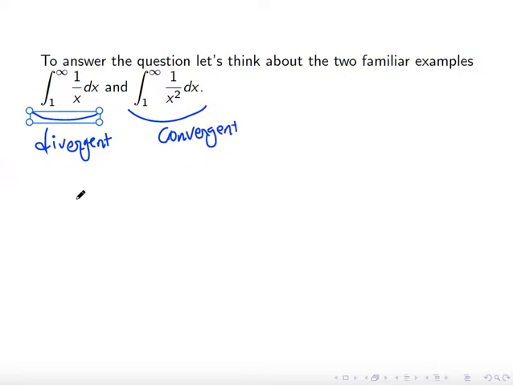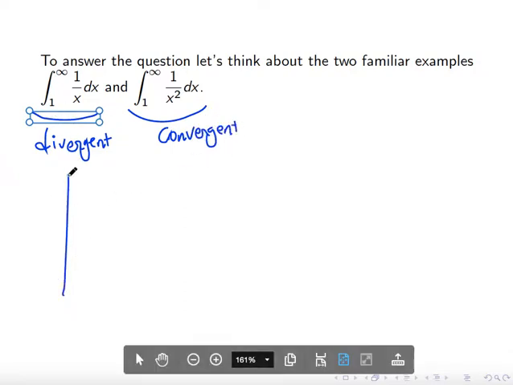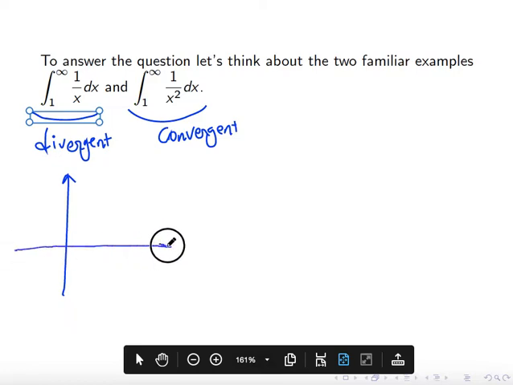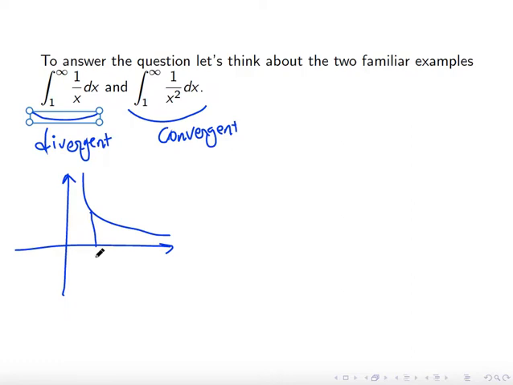If you look at the graphs of these two functions, you'll see that they are almost the same. So what is the reason that one of them is convergent and one of them is divergent?